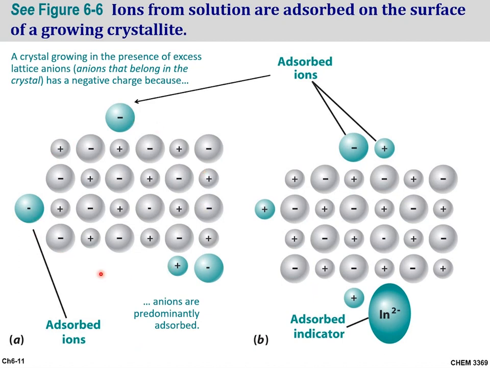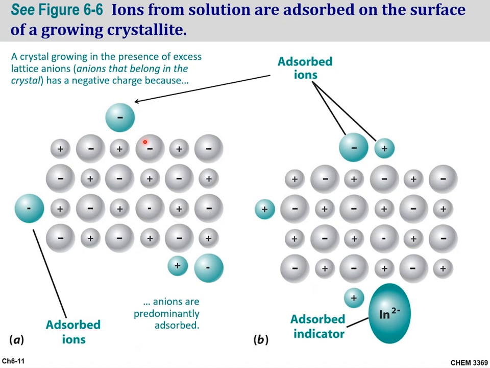Lattice anions are the anions that belong in the crystal. The crystal we're talking about here is silver chloride. So when you're adding silver ions to the solution that contains chloride, we will form these silver chloride crystals, right? But when they grow in the solution, at the beginning we have a large excess of chloride ions.